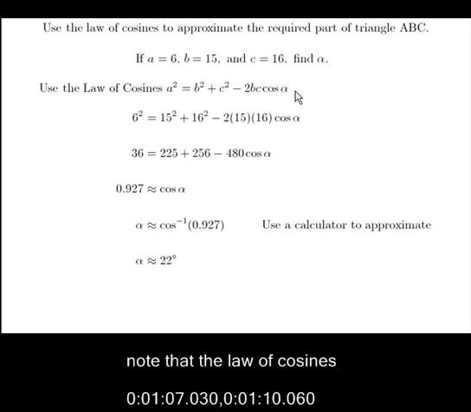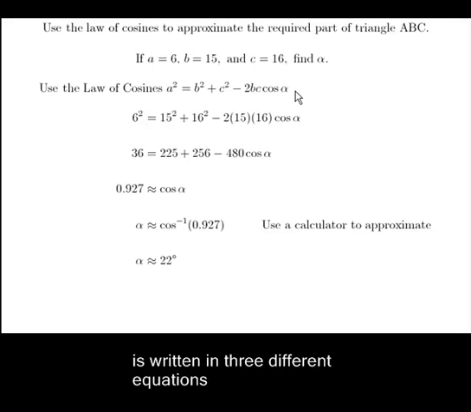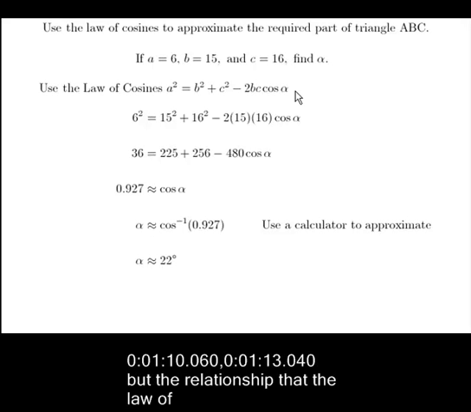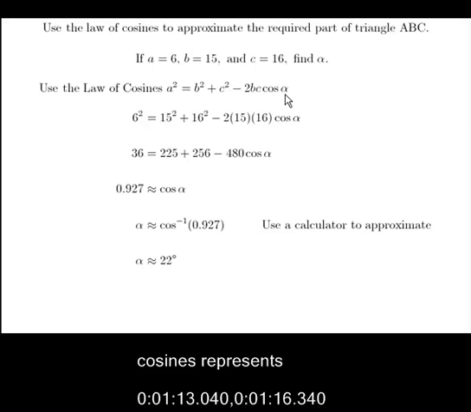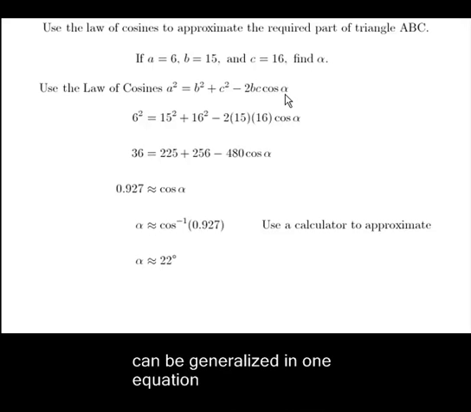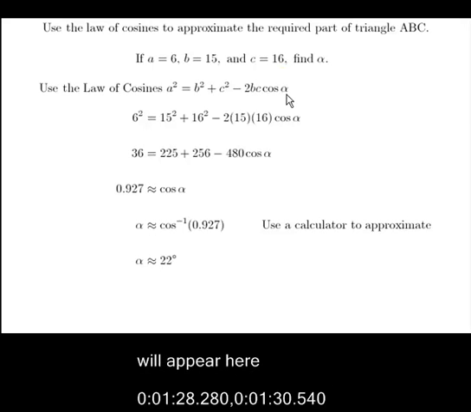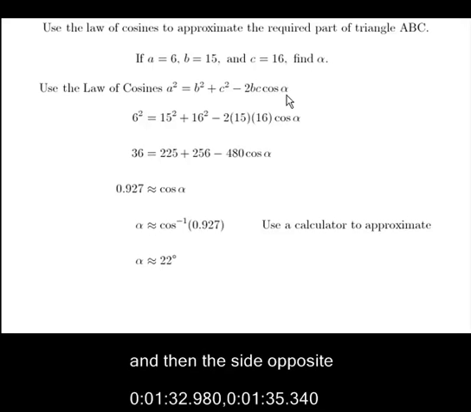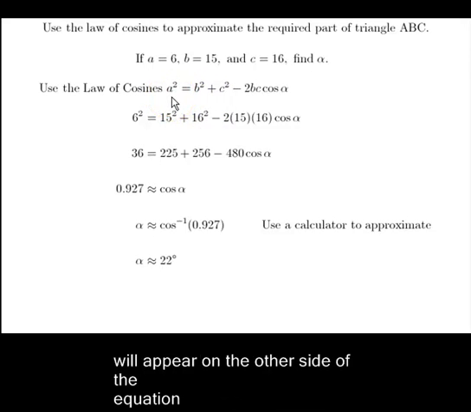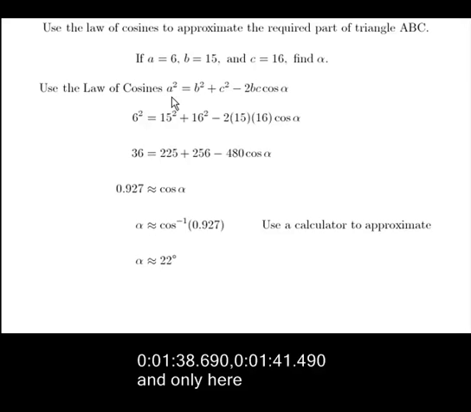Note that the law of cosines is written in 3 different equations, but the relationship that the law of cosines represents can be generalized in one equation. All you need to remember is that the angle you are trying to find, or the angle that you are given, will appear here in the cosine, and then the side opposite this angle will appear on the other side of the equation, and only here.